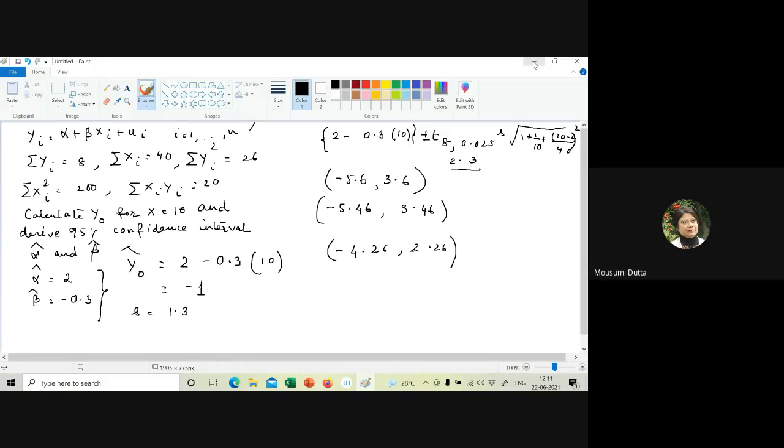And I expect you to solve at least 3-4 exercises based on 2 explanatory variables. Two explanatory variables, if not more, because if we consider more explanatory variables, the matrix will be bigger, so you may face some problems in solving it.